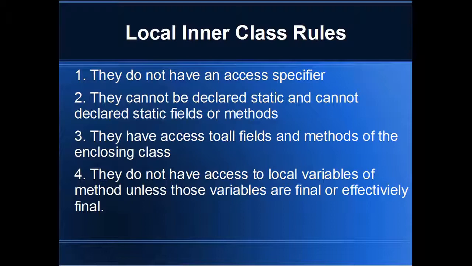They have access to all the fields and methods of the enclosing class. Remember that, like member classes. They can access private variables, public variables, default, or anything in the outer class. They do not have access to local variables of the method unless those variables are final or effectively final.